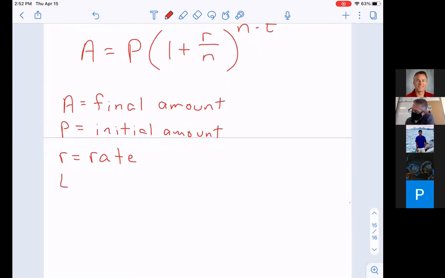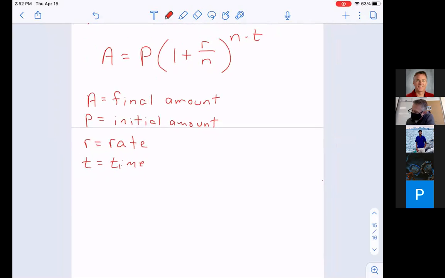T is time. And N is the number of times your interest is compounded. I'll explain that in just a second. I'm going to write it down and I'll explain. N is the number of times compounded.